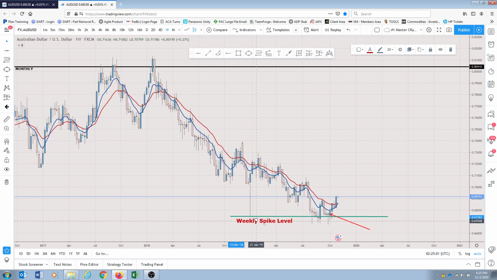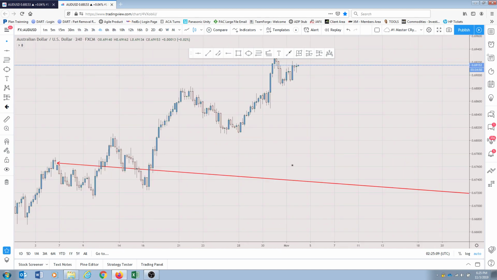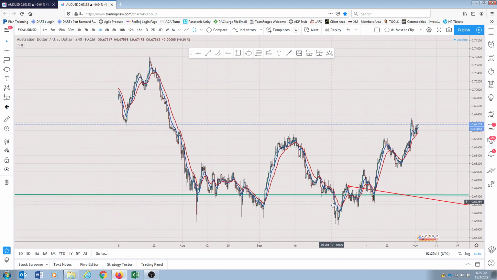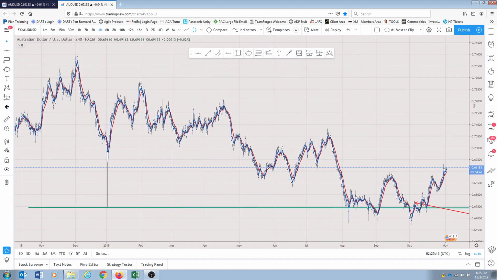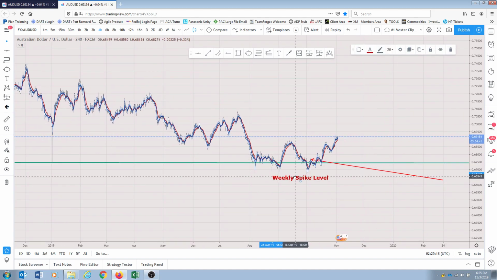So you would have just labeled this spike, and because you were aware from the weekly chart, you could have been working on, I like the 4-hour time frame. Let's jump back to where I had that. Right here. So look at this.